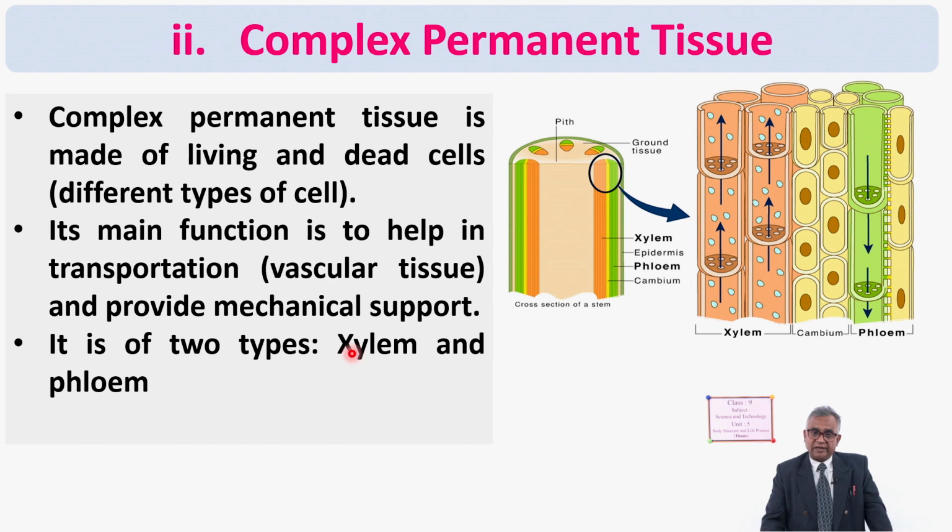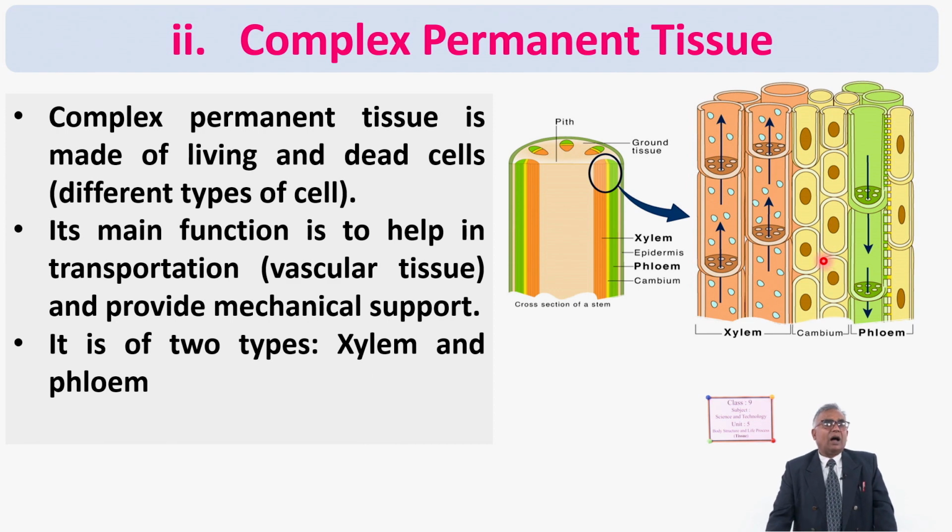So look here in the diagram. Here this region, the green one shows phloem, and this orange one shows what? Xylem. So that green one is phloem, this is xylem. Remember that phloem is superficial in the plant's body and xylem is at depth. So here that is xylem, and this region is what? Phloem. Okay, and in between xylem and phloem there is cambium.